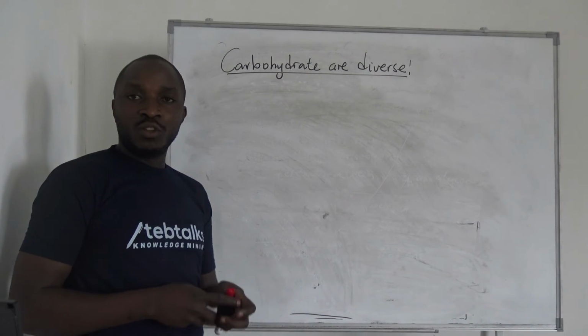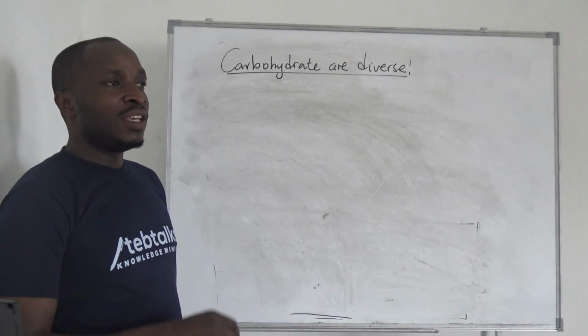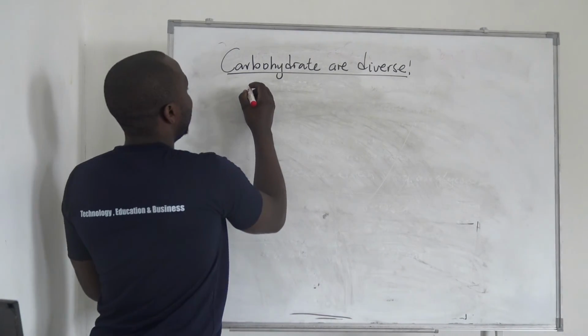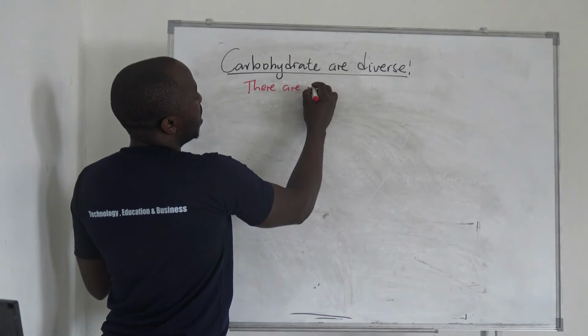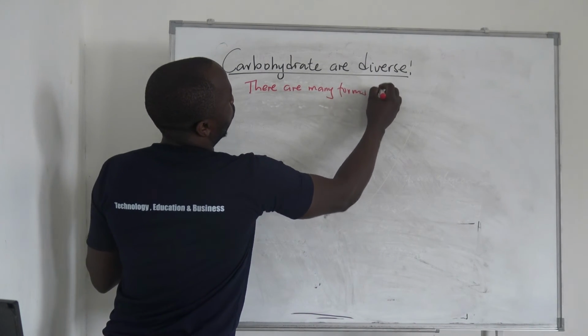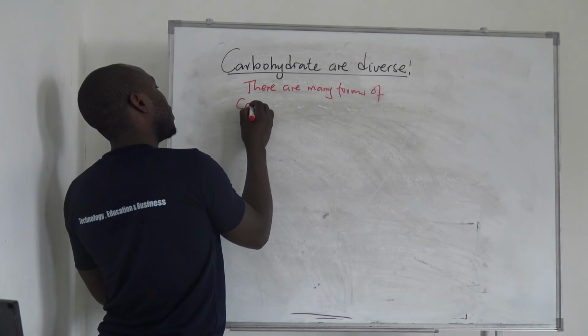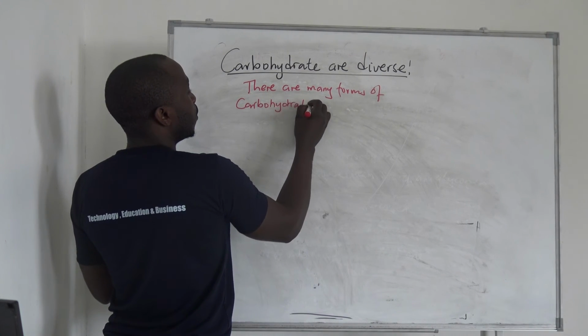What would this mean when we say carbohydrates are diverse? It would mean that there are many forms of carbohydrates that do exist.